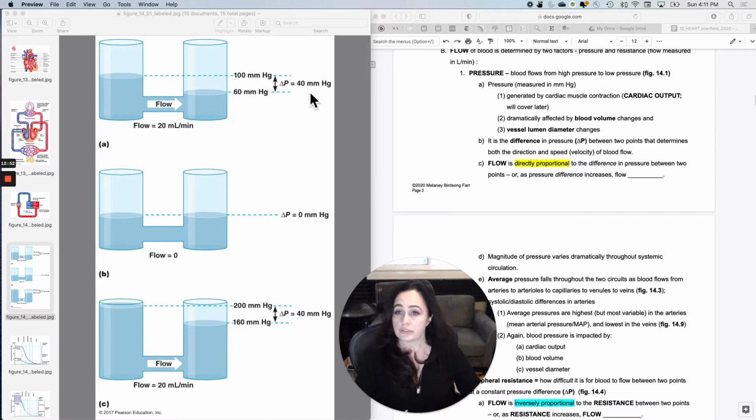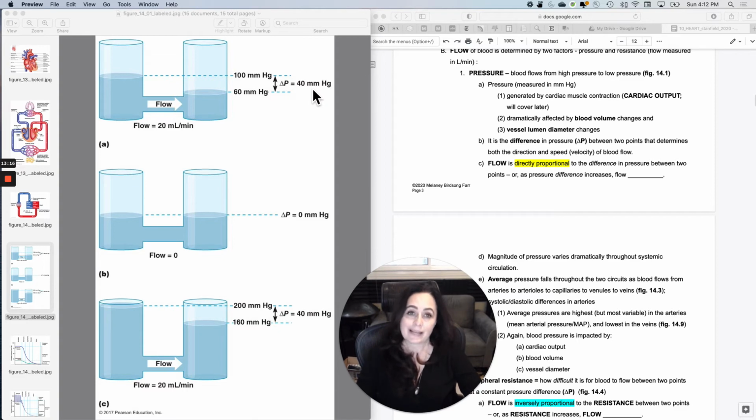In the three different situations, let's call all of the left ones point 1 and all of the right ones point 2. Okay, so in situation A, the pressure at point 1 is 100 millimeters of mercury, and the pressure at point 2 is 60 millimeters of mercury. So the delta P, the difference in pressure between 2 points, is 40 millimeters of mercury.